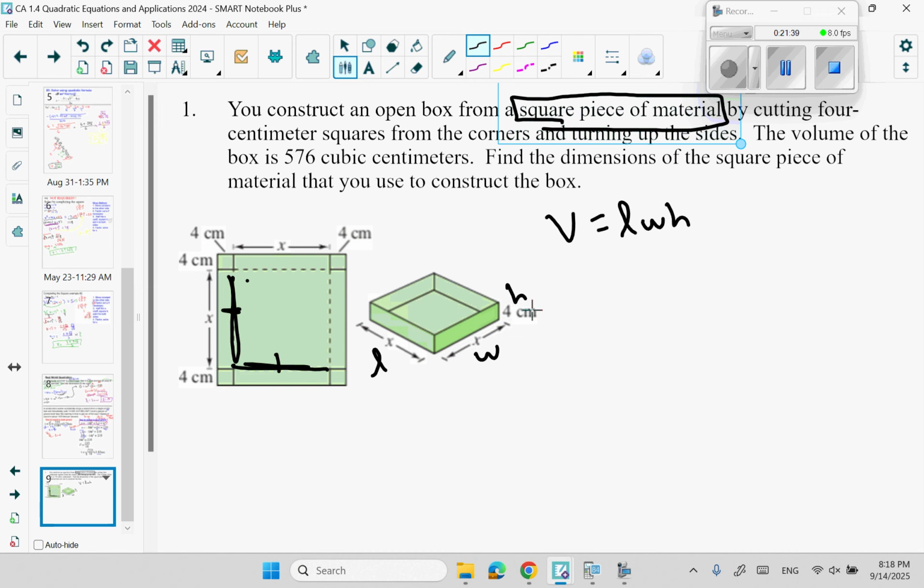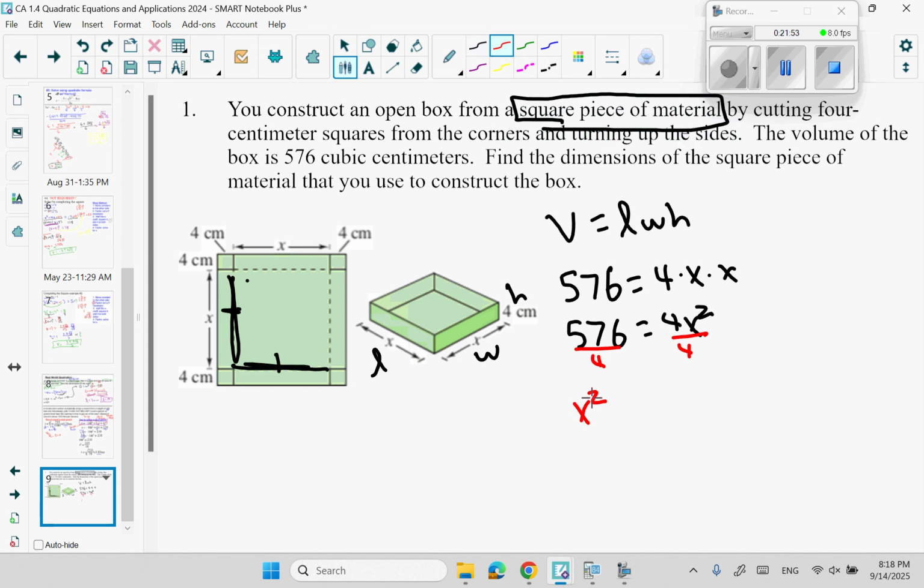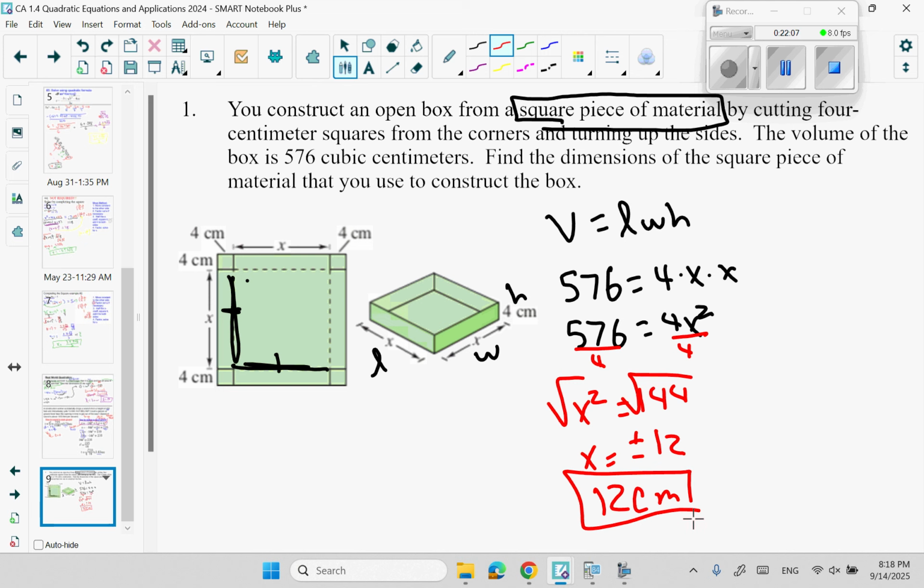So I can write this as 576 equals 4 times x times x, or 576 equals 4x squared. From there, we can divide by 4. We get x squared equals 144, square root, x equals plus and minus 12, but obviously it's not going to equal negative 12 centimeters, so I can do just positive 12 centimeters.